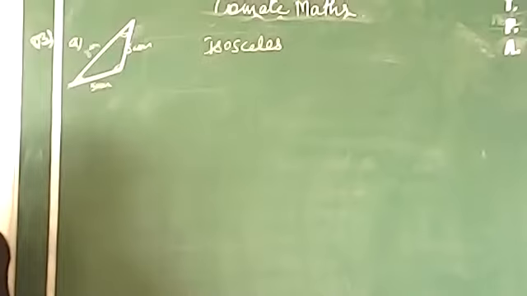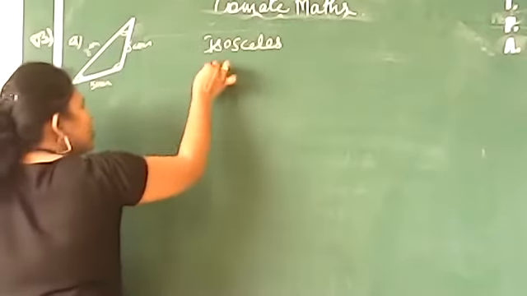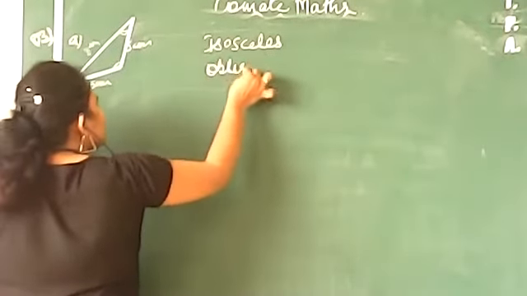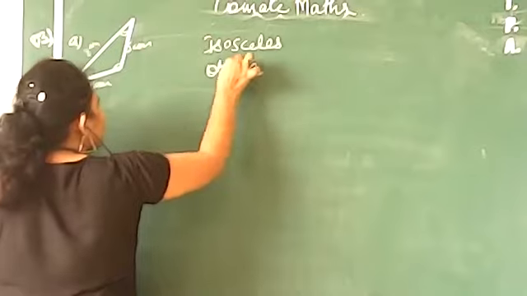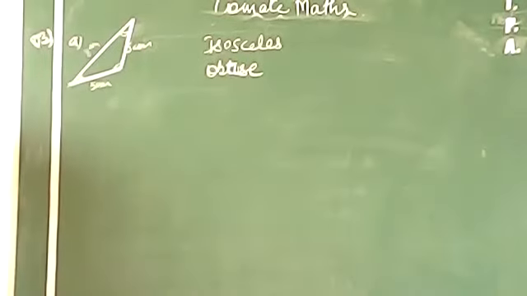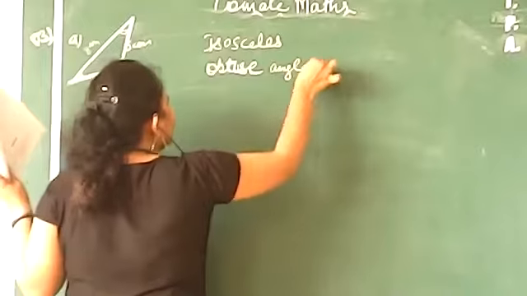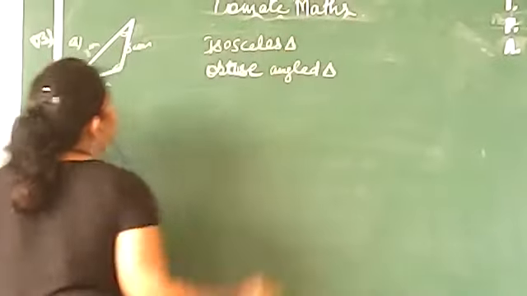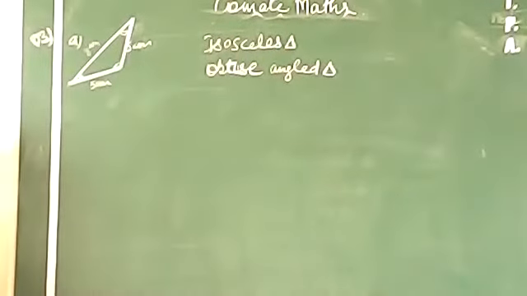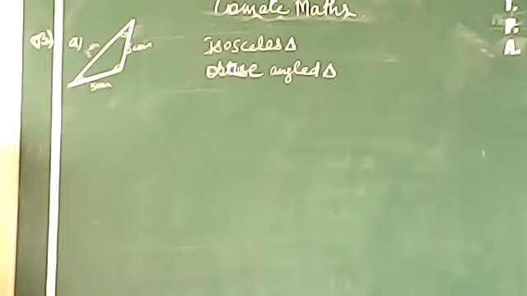It's an open angle. So this is obtuse. So we have written this name in 2 different ways. Isosceles triangle and obtuse angled triangle. For one triangle, we have written the name in 2 different ways. One according to the side, another according to the angle.